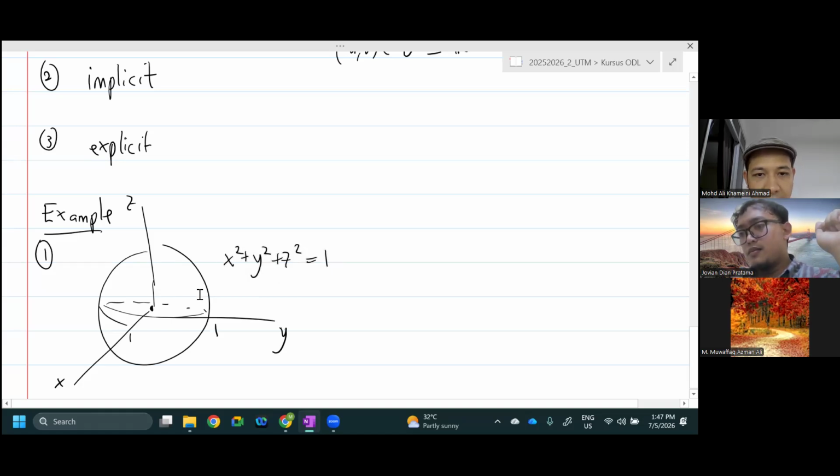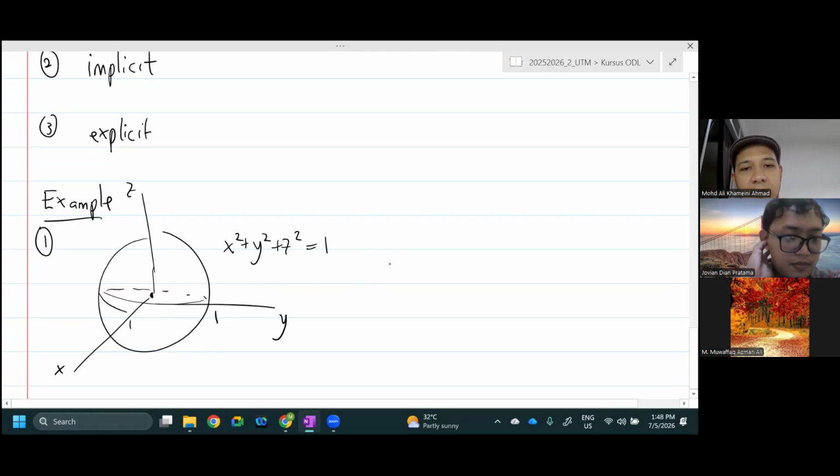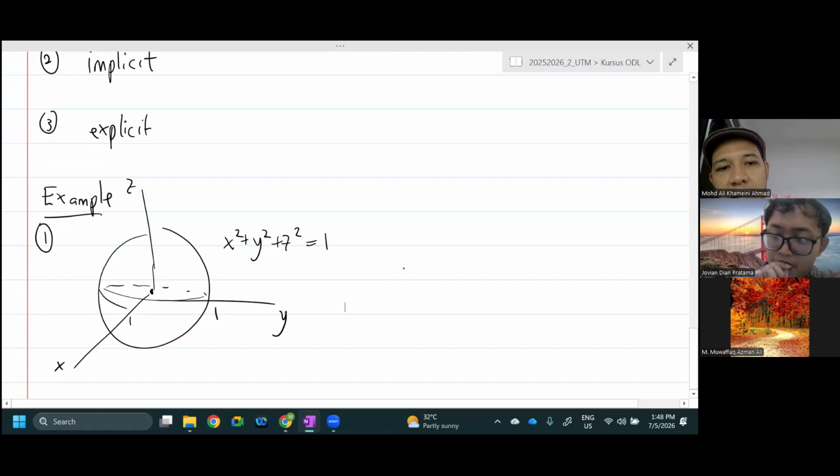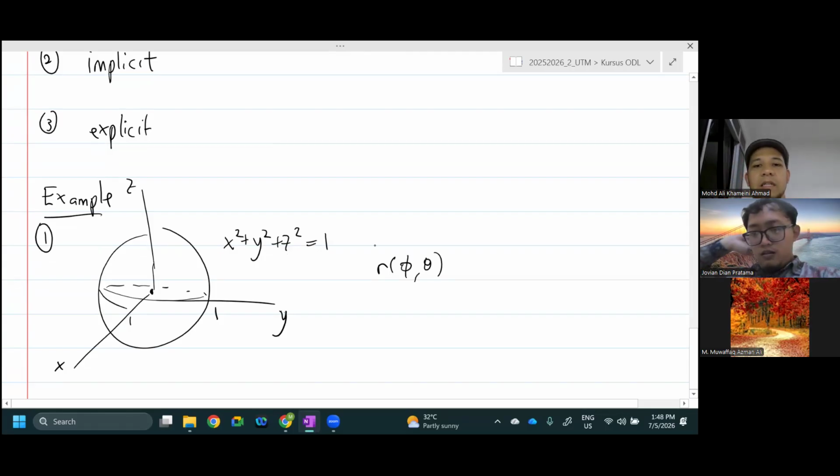So the radius r here is always 1. So let me use two parameters. How can you parameterize this one? You can use r, phi, and theta, for example. Phi and theta. Okay.